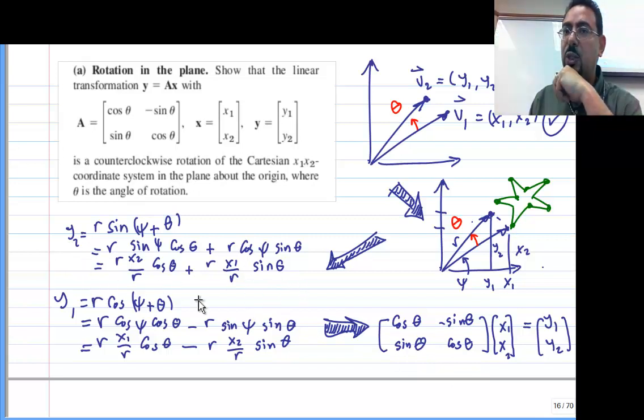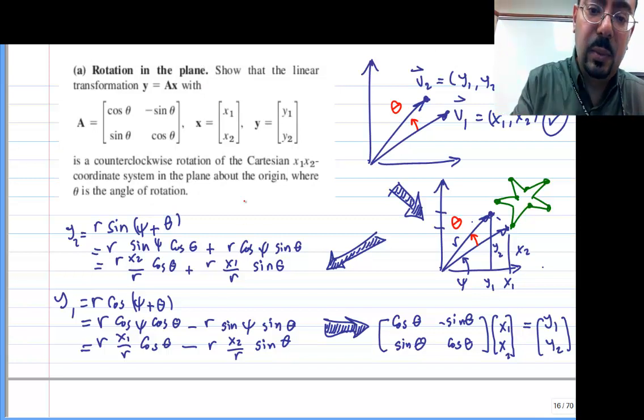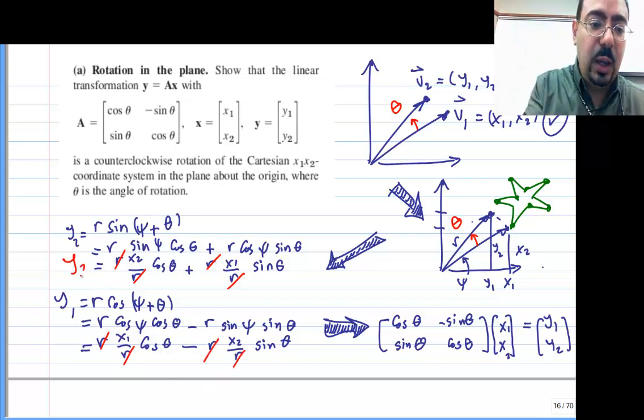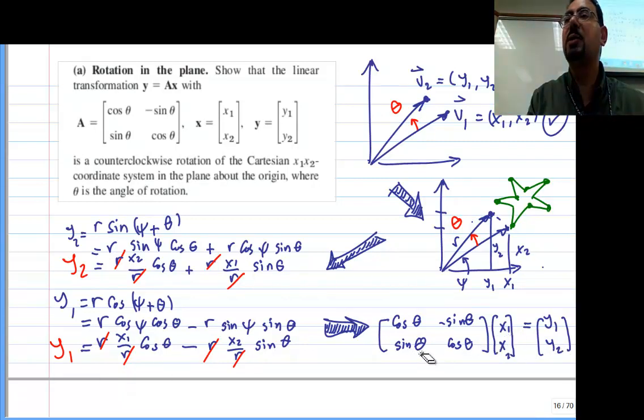Again, in those two equations, if I just cancel this r with this r, now I have y2 and y1. y2 is x2 cosine theta plus x1 sine theta, and y1 is x1 cosine theta minus x2 sine theta.